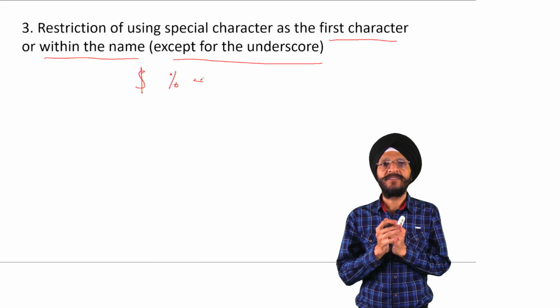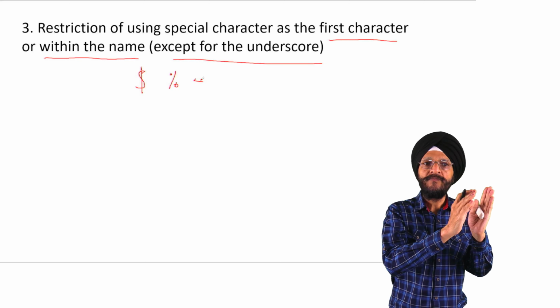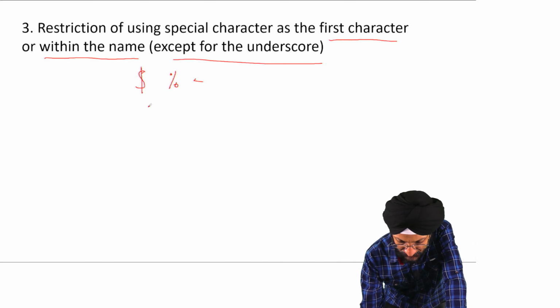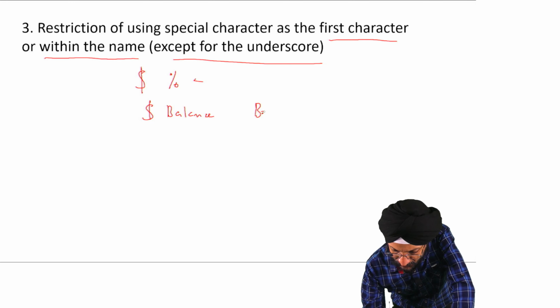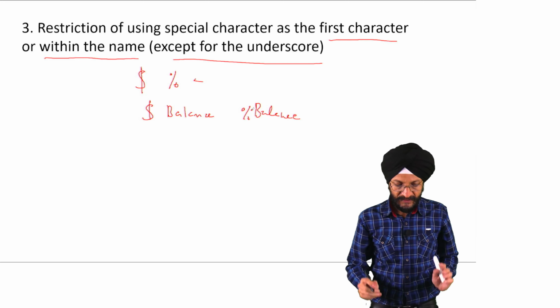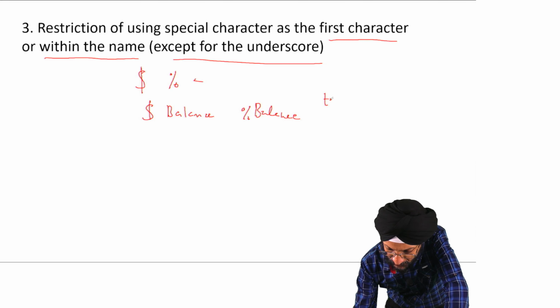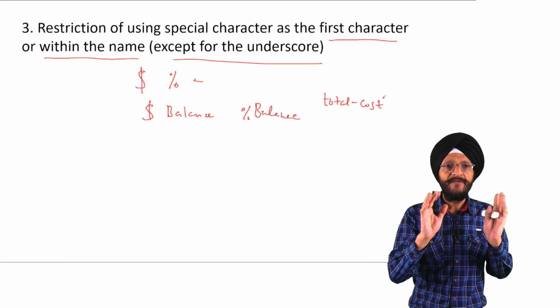We cannot use such special characters as the first character or within the name. For example, if we write $balance or %balance, then these are invalid variable names. If we write total-cost, all these are invalid variable names.